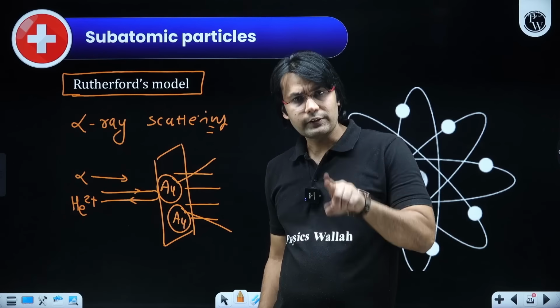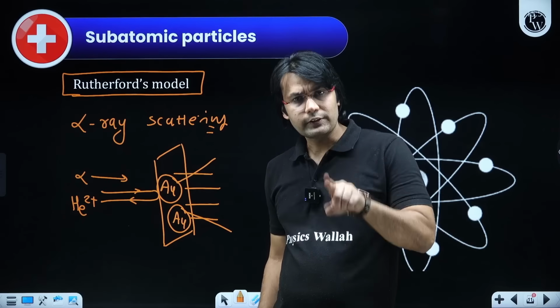So I just have to find the value of n plus l. For 2s, n is 2, and for s, l is 0. So n plus l is 2. And for 2p, n is 2, and for p, l is 1. So it is 3. Now clearly for 2p, the n plus l value is larger, right? The one whose n plus l value is larger will have more energy. So out of 2s and 2p, I can say that 2p has more energy than 2s.